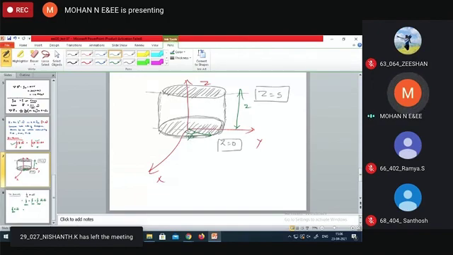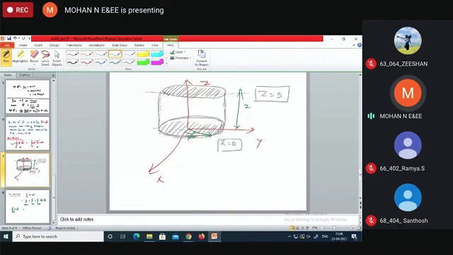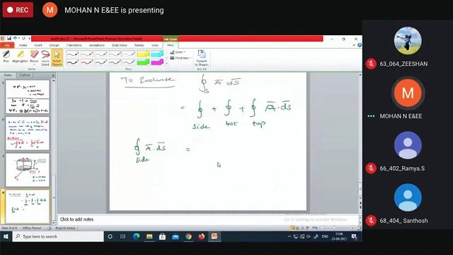You'll be getting two integrals here for the side surface, one with phi varying from 0 to 360 degrees, and z is also important, varying from 0 to 5. So that is what we are interested in now.